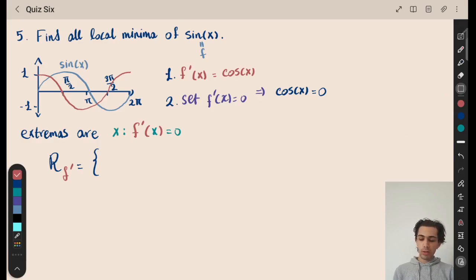And from here we see, so this is not 3 pi, yeah, so the graph tells us that we have pi over 2 and 3 pi over 2.